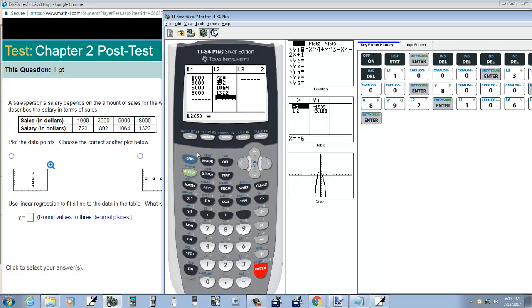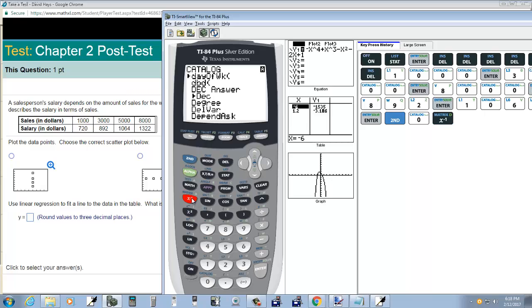Okay, that looks right. Now you may have to set your diagnostics on to begin with. So you may have to do second, then 0, and then push the x to the negative 1 button to go down to the D's fairly fast. You want diagnostics on. They might already be on, but if you choose that, then press enter.